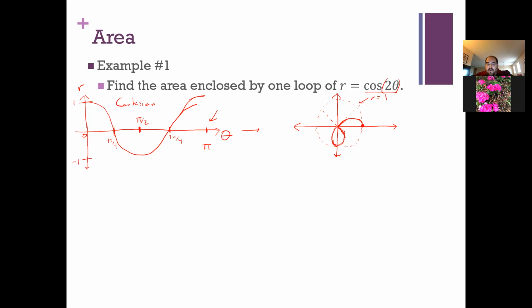And finally, from 3 pi over 4 to pi, I'm going to go back to r equals 1. Is this cyclic? It is going to be cyclic.